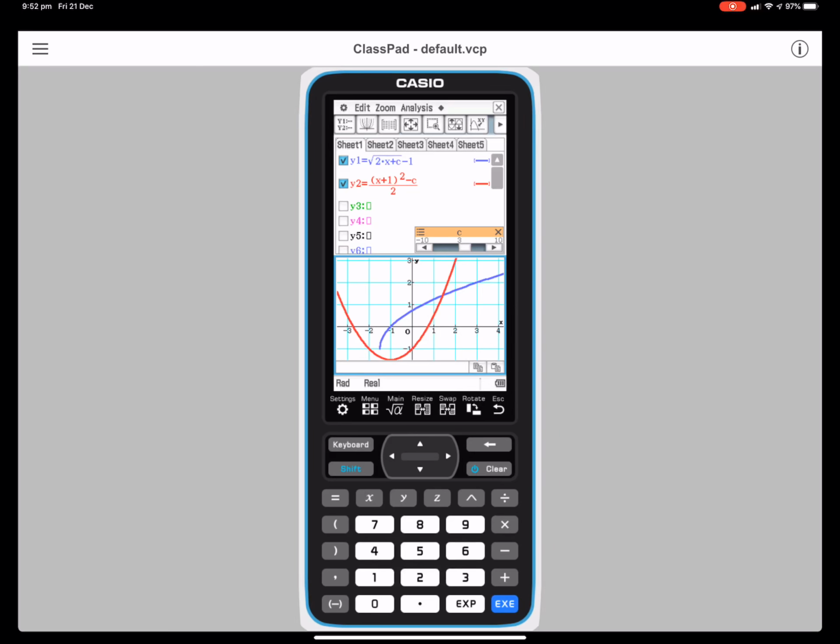Okay, so you can see here, when c equals 3, if this graph here is only going from negative 1, we've got 1 point of intersection. So if I graph the line y equals x, you can see you've got 1 point of intersection. If we change the values of c, so if c gets bigger, we've only got 1 point of intersection.